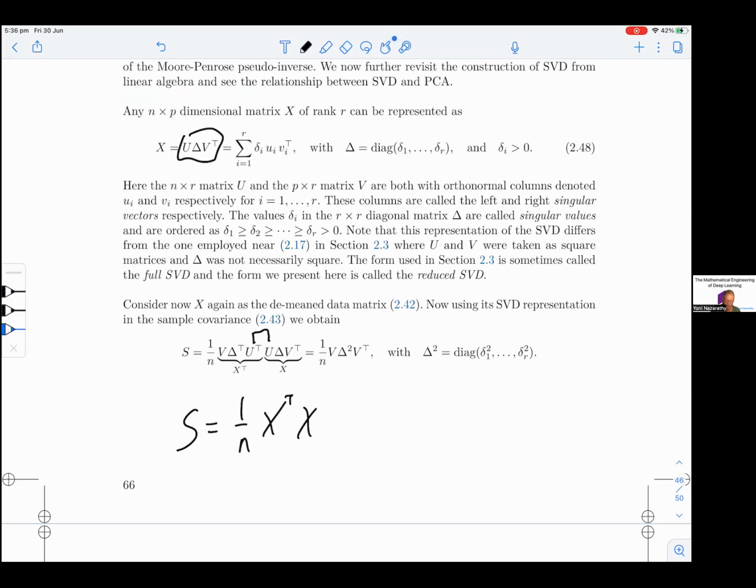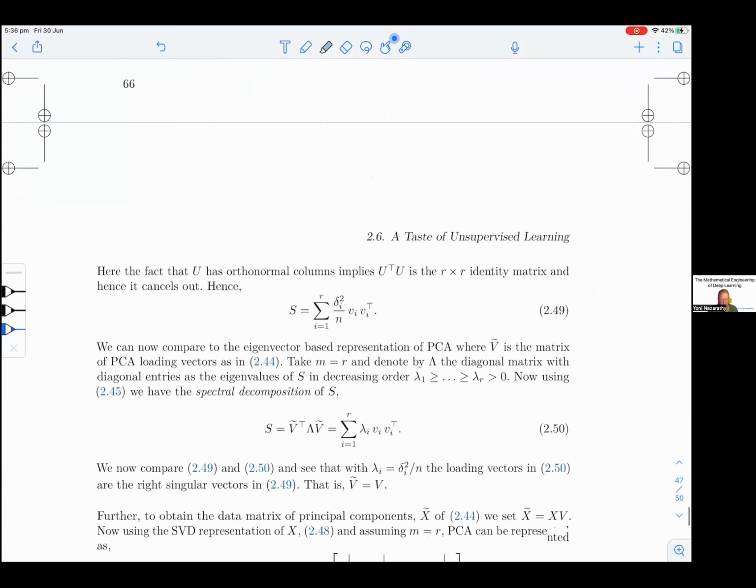And then you get this nice thing that this part I'm highlighting in blue cancels. U transposed U cancels. So we obtain that S is 1 on n times V delta squared times V transposed, because U transposed U cancels since U is a matrix with orthonormal columns. Delta transposed delta is the singular values squared on the diagonal.